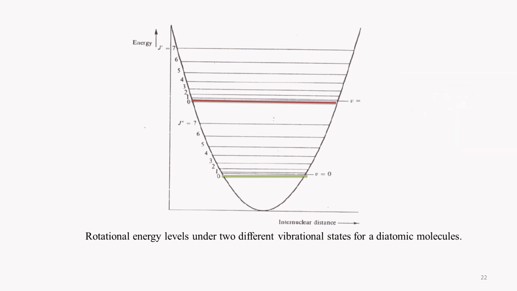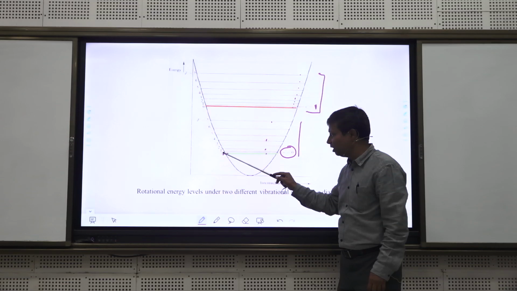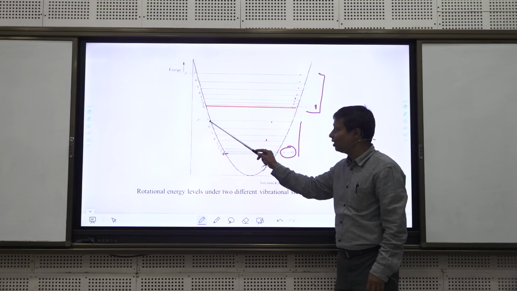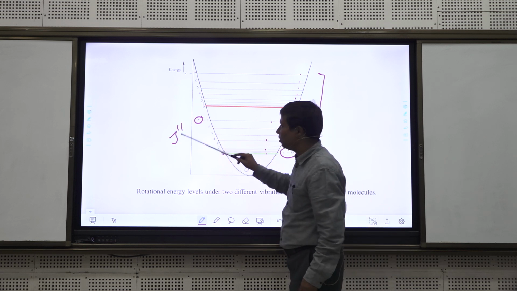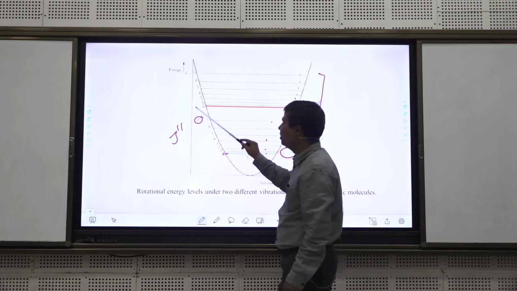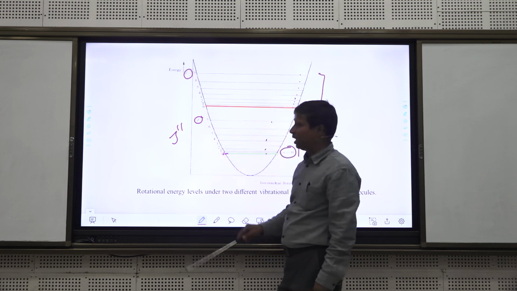In vibrational level V equal to 1, you have several rotational energy levels. In V equal to 0, you also have several rotational energy levels. This rotational quantum number indicates the rotational energy levels 1, 2, 3, 4, 5, 6, 7. Conventionally, the lower one is given a double prime and the upper one a single prime.